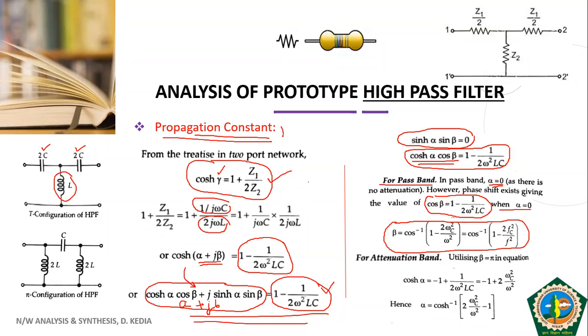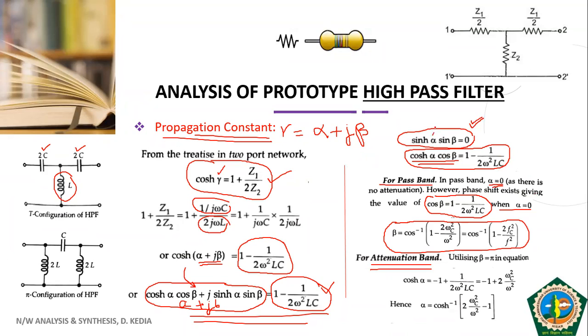For the propagation constant gamma, we need to determine two things: one is alpha and another is beta. Beta has been determined from the pass band because alpha will be 0. For the attenuation band, we can utilize this one.